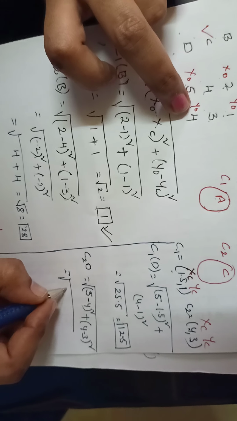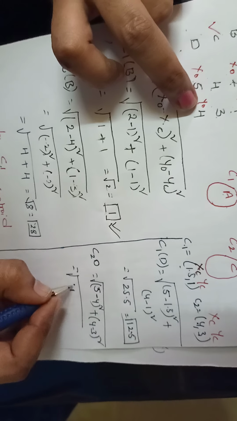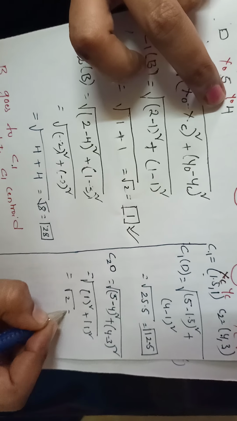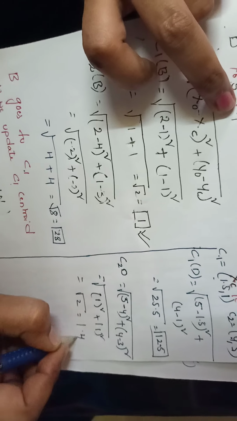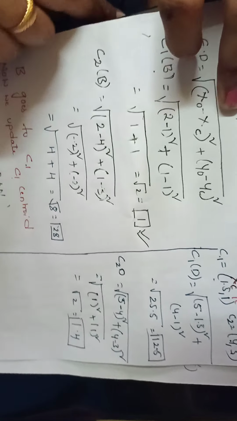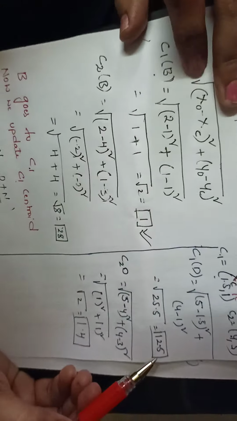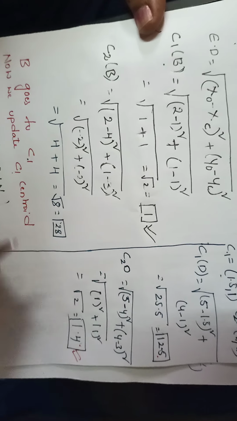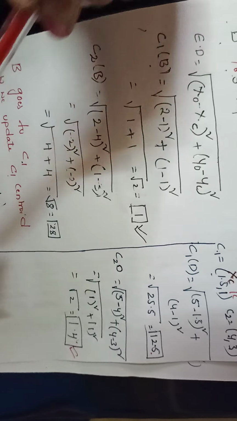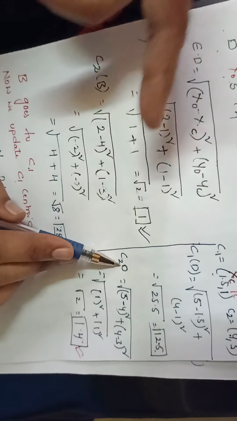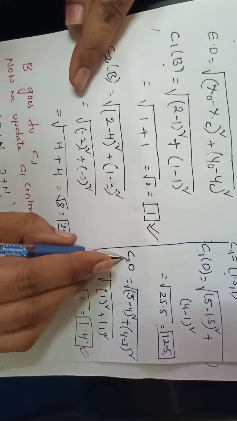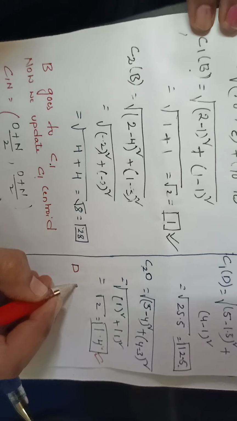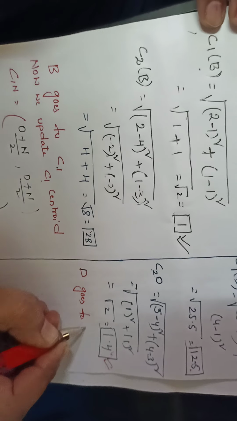That is 1 whole square plus 1 whole square. Yeah, we'll get root 2, that is 1.4. Okay, so which one is smaller, 12.5 or 1.4? Yeah, 1.4. Now which one does D go to, C1 or C2? Definitely we can say the D data set goes to C2.